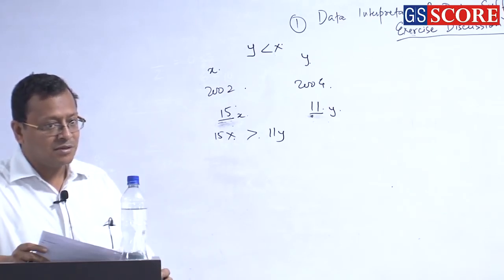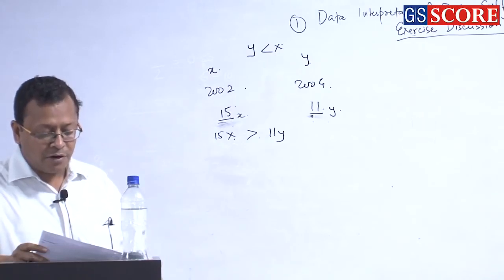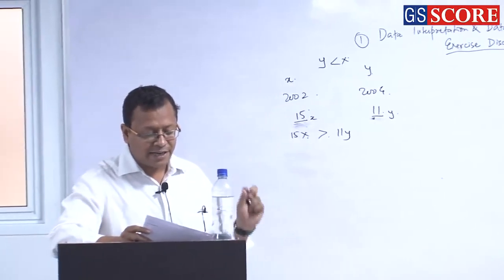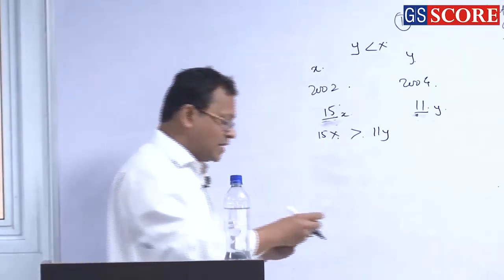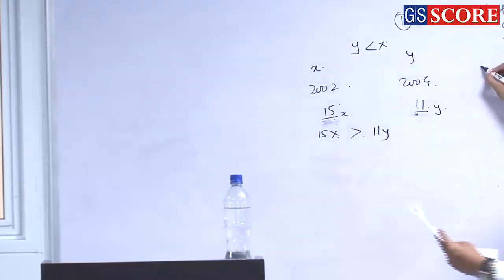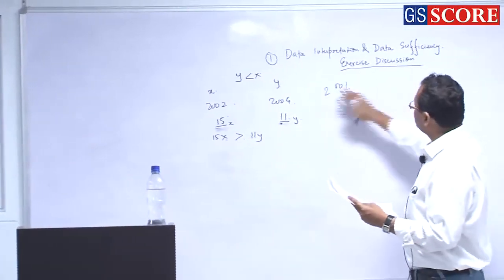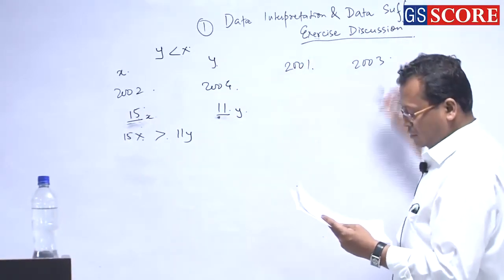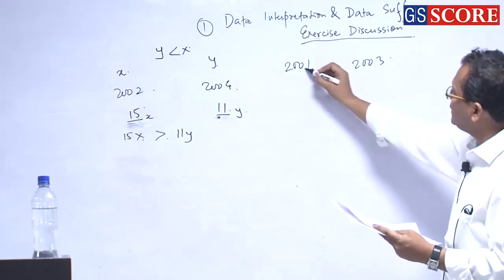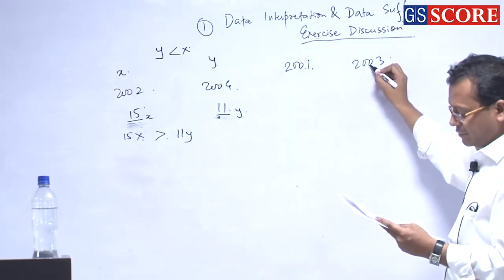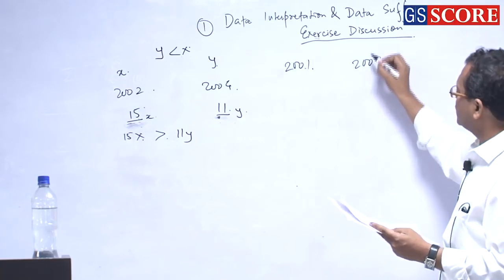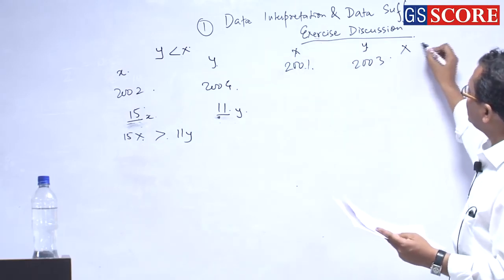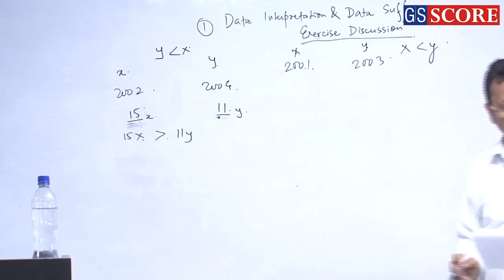Clear or not? In the second question, the number of continents in which the sales increased from 2001 to 2003 is at least. Now we are seeing the company's total annual sales in 2001 and 2003. So 2001 sales is lower than 2003 sales. So if this is Y here and this is X here, X is less than Y, it's given over here.